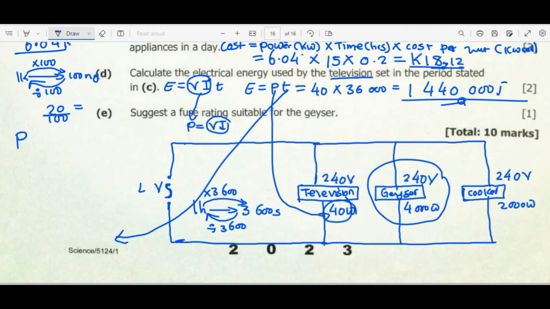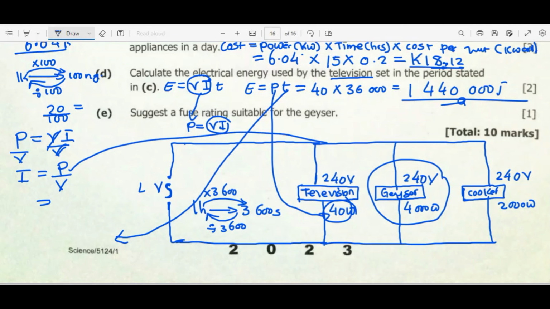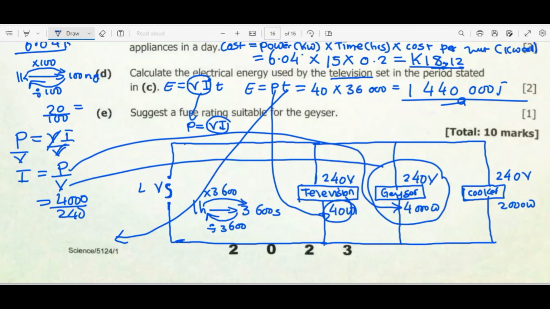So we said power is equal to VI. To make I the subject of the formula, we divide by V, so that current is equal to power divided by voltage. So the power for the geyser is 4,000 over 240. Voltage is 240, or we can just look at the point where we said voltage in a parallel circuit is equal at all points.